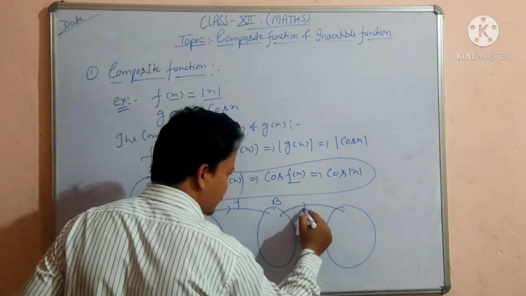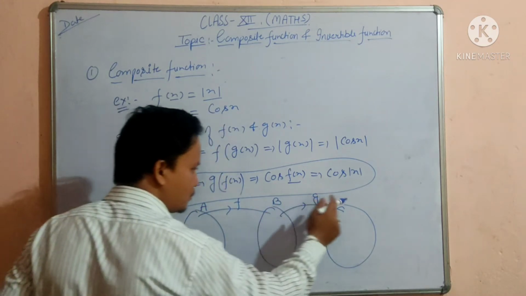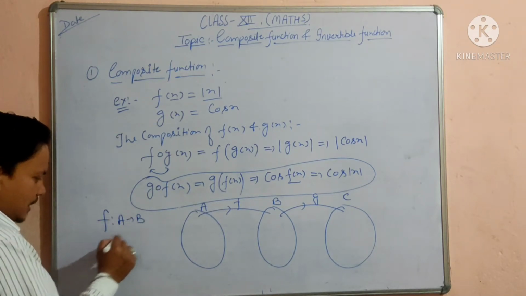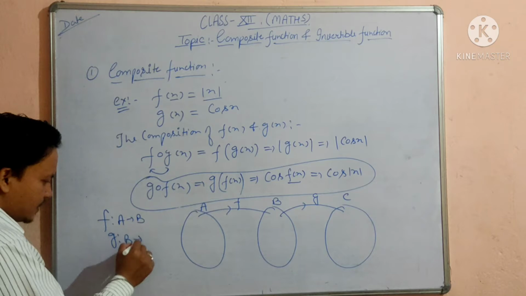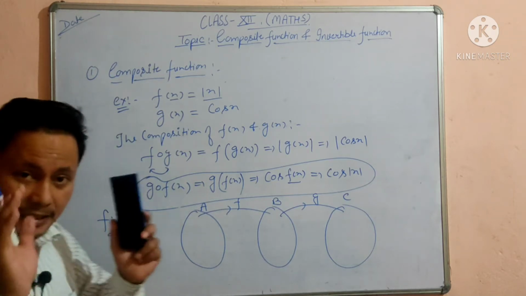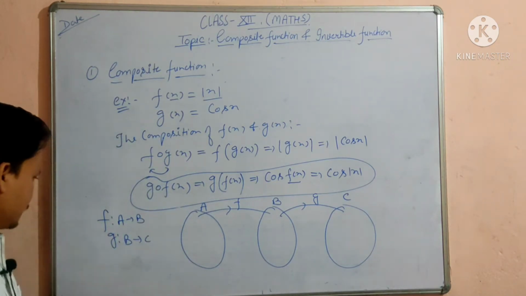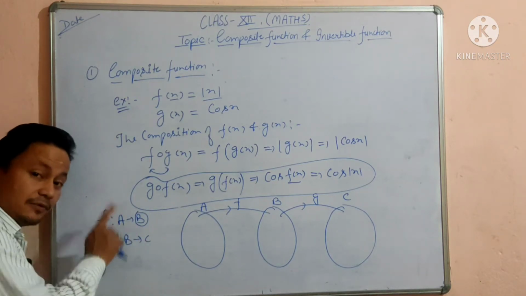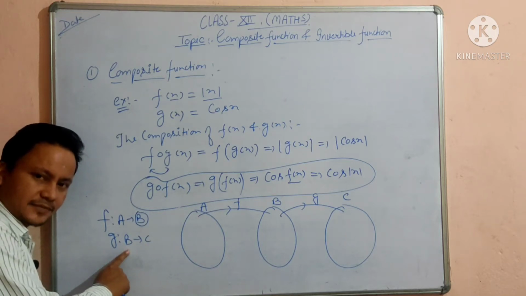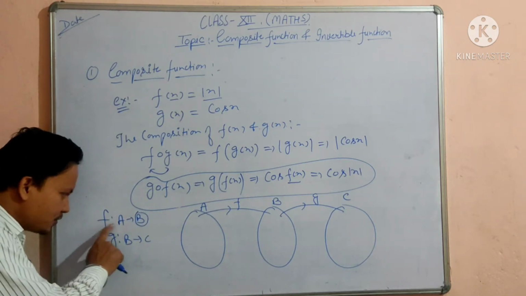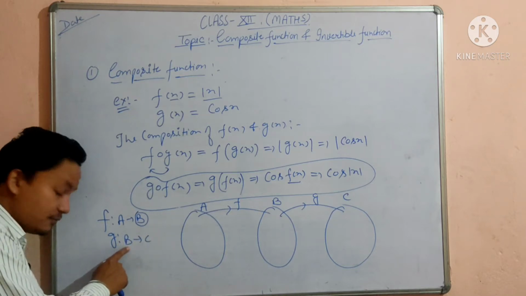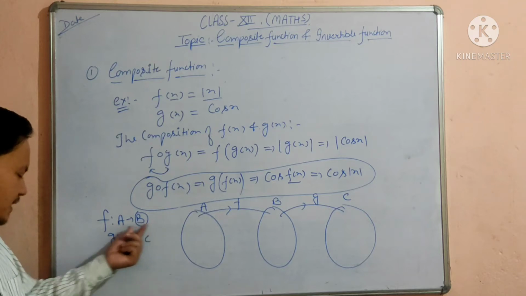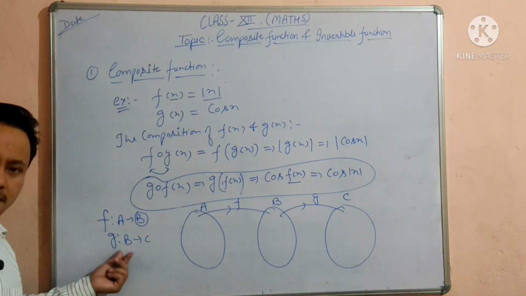Now let there be another function g which is existing from B to C. Clearly, the output of first function will be the input for the second one, or we can say the codomain of first function will be domain for the second one.